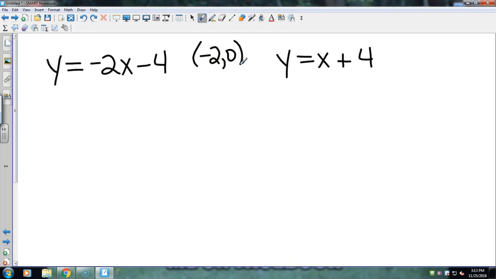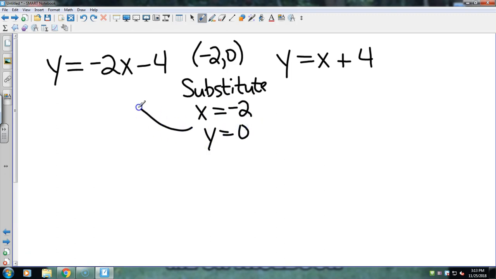Well, I don't have to graph this. All I have to do is substitute. Remember that in this case, for this coordinate, x is -2 and y is 0. So I'm going to substitute those values into both of those equations, and let's see what happens.